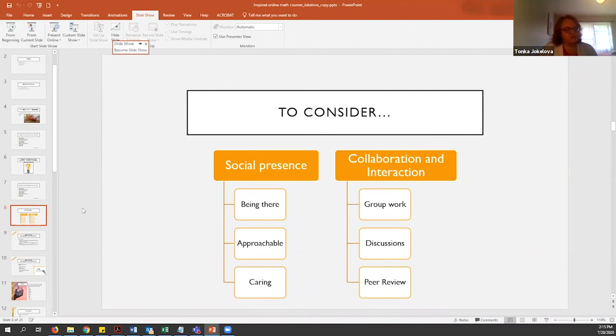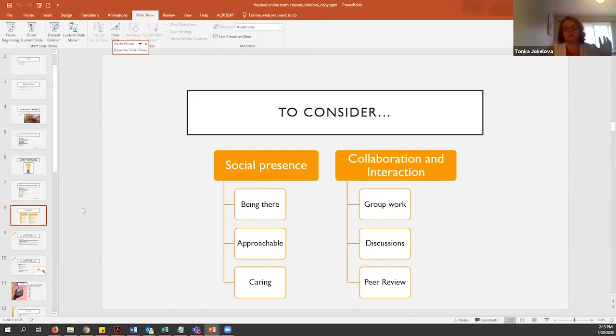So for the social presence, we will talk about how you can be there and how being there for you as an instructor and of course developer is very important. What are some strategies to make yourself look and feel and present approachable and caring? And also for some of the strategies to enhance the social interaction and to make sure that students have opportunities to be engaged. Those strategies we'll discuss, and they are group work, discussions, and peer review.